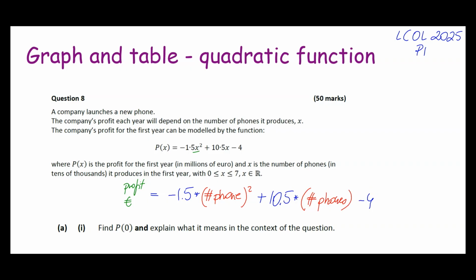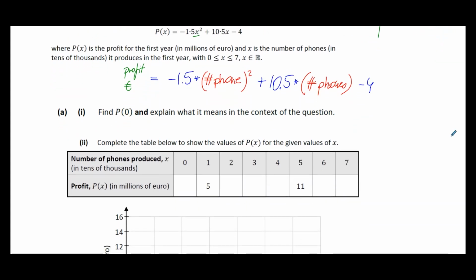Don't forget, every function question is about x and y values. So in this case, my x values represent number of phones, and y values represent profit, meaning number of euro. Okay, so let's see what we have to do here. First thing, we have to find P(0).